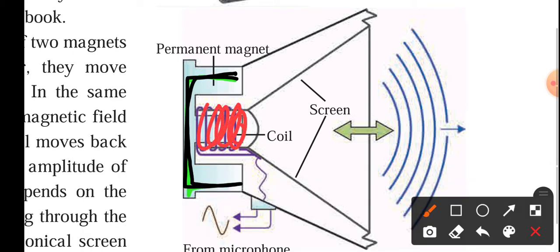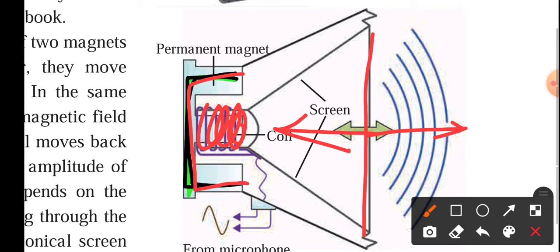When we apply an electric current to the coil and the permanent magnet, it produces an attraction for the screen, and this screen is attracted towards the coil. When we give the electronic signal to the speakers, the current passing through the coil changes, and that changing current in the coil produces a different magnetic field.